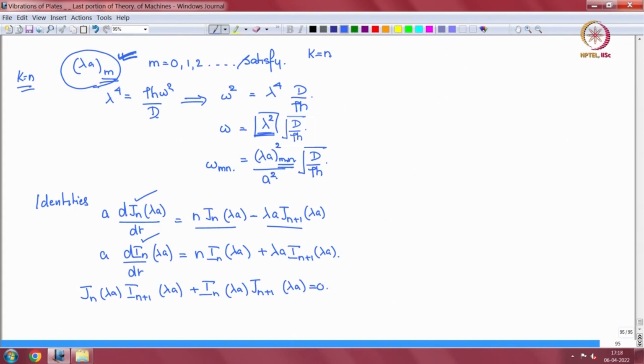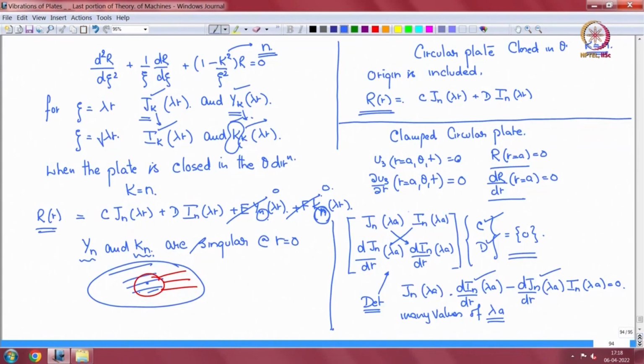Okay. Now once we found the λa of the mth value, if we go back and put it in here, then the matrix becomes singular, so that any one equation is valid. Only one equation is unique over here, so we get J_n(λa) C plus I_n(λa) D equal to 0.